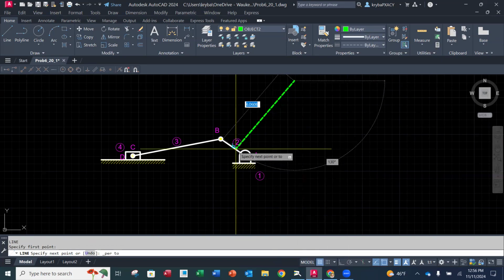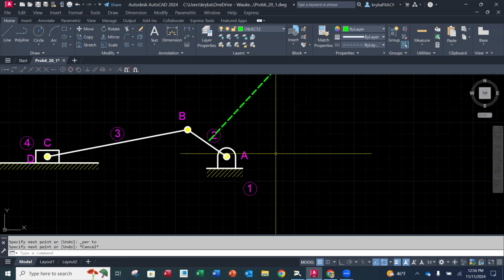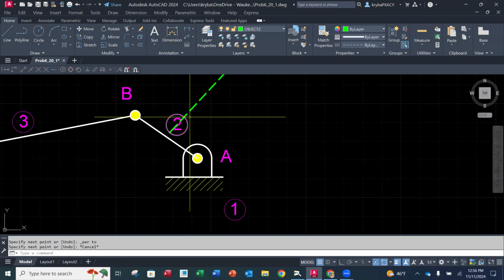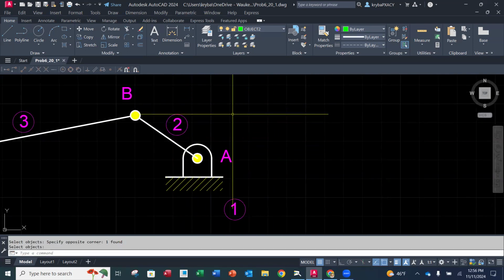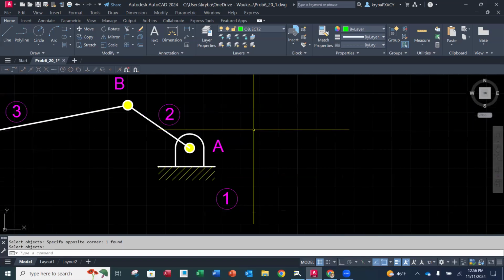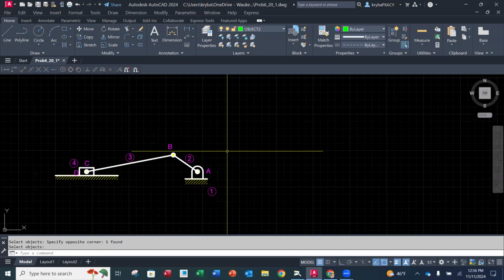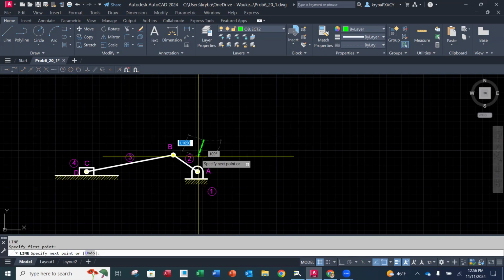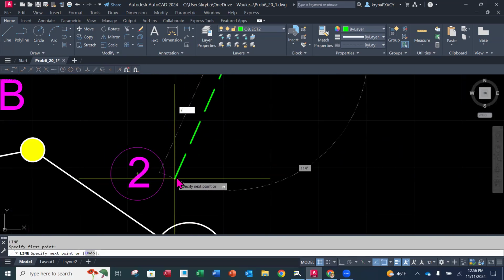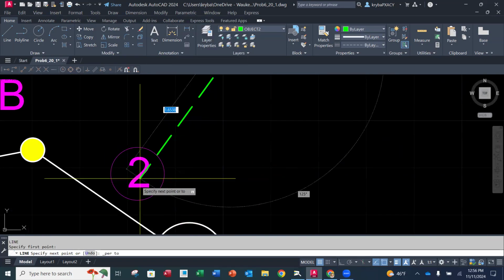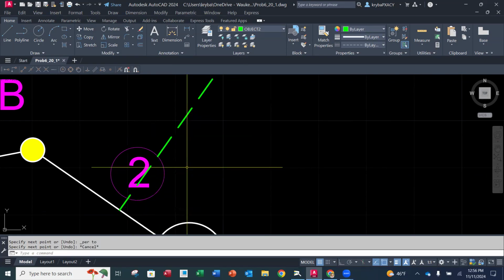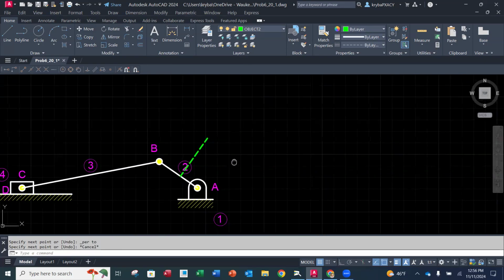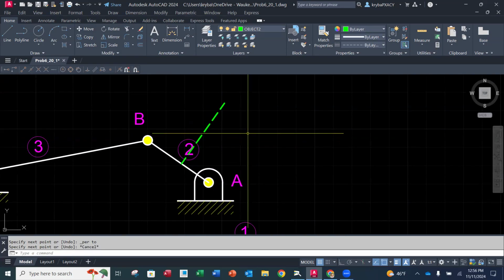I want to be perpendicular to link number 2. I don't think it is. I think it might have grabbed something else. Let me do that one more time. Line. I'm going to go from here. I'm going to zoom in, and I want to be perpendicular to this. Okay, I feel better about that. I think it was grabbing that little radius. So there's my line perpendicular.